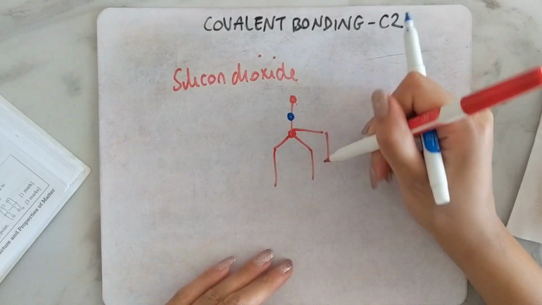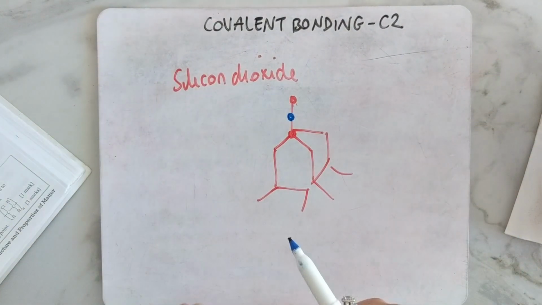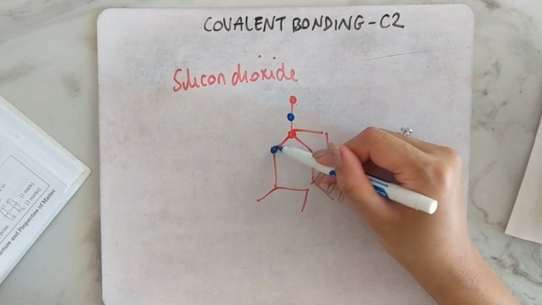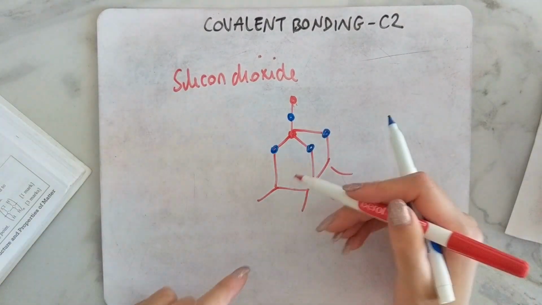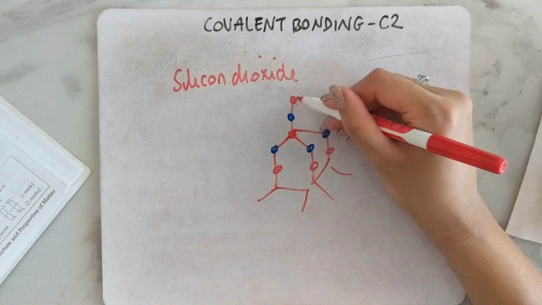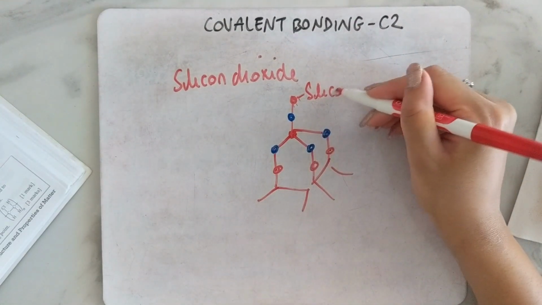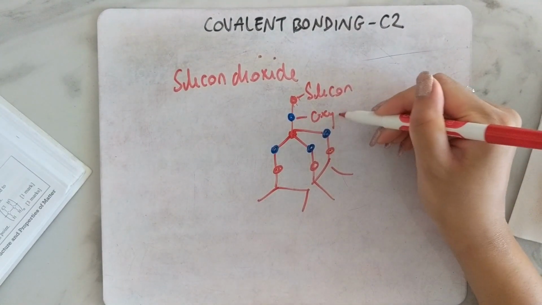So we get something that looks like this. And we just have silicon and oxygen bonded together. So let's call the red silicon, and let's call the blue oxygen.